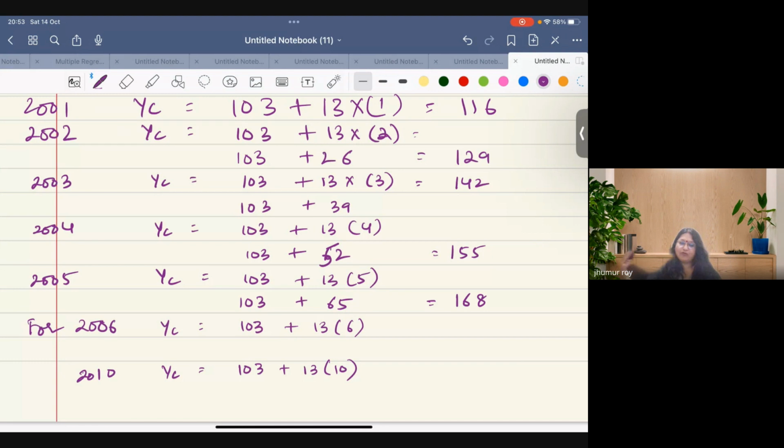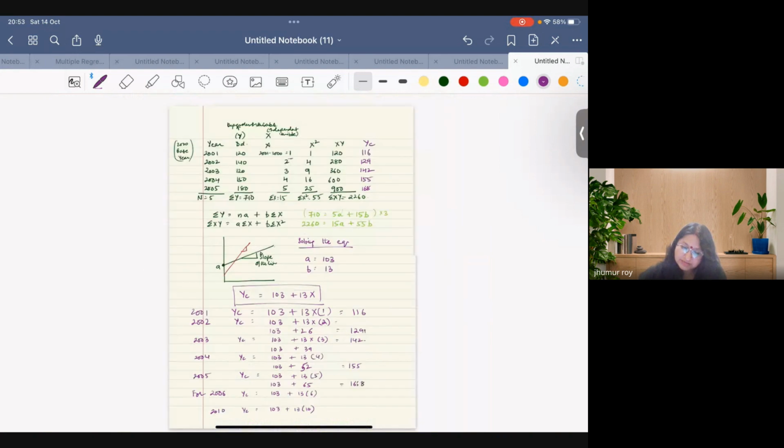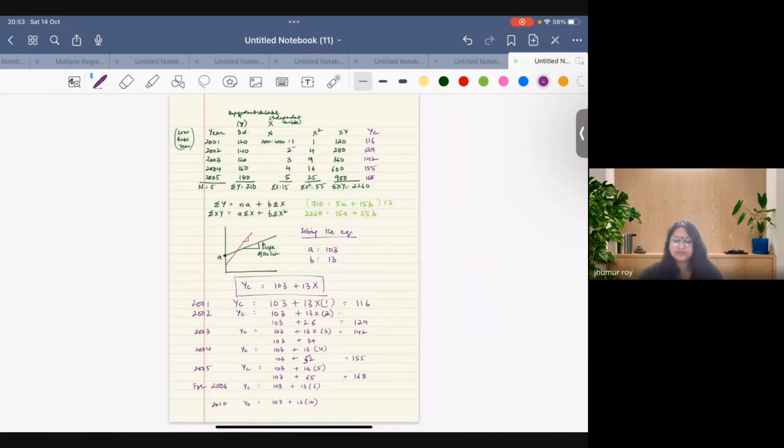So you can make forecasting or you can make predictions for any number of years based on this particular method. So this is called the least square method, or actually it is called the simultaneous equation method. And like this, through regression and through time series analysis, we can solve different questions.